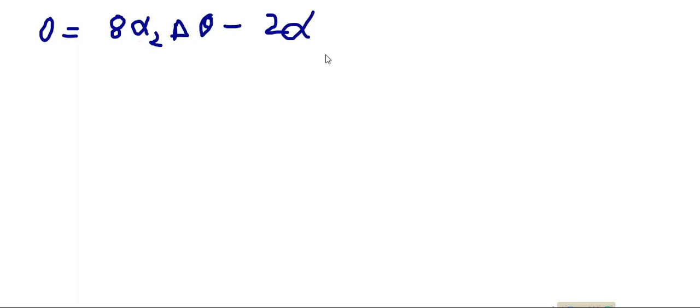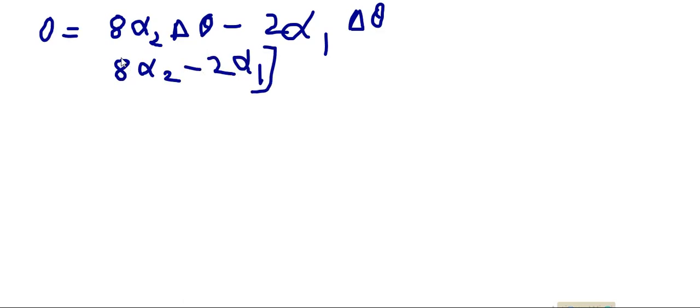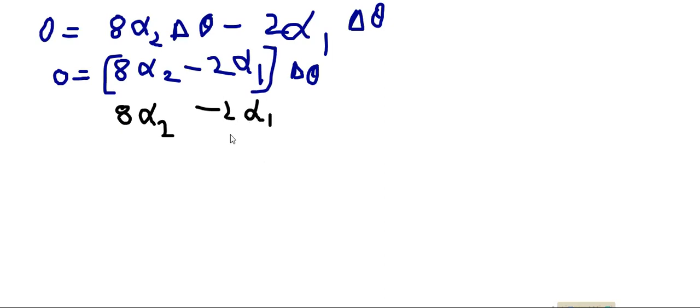Delta theta is commonly outside, so delta theta times 8 alpha 2 minus 2 alpha 1 is equal to 0.